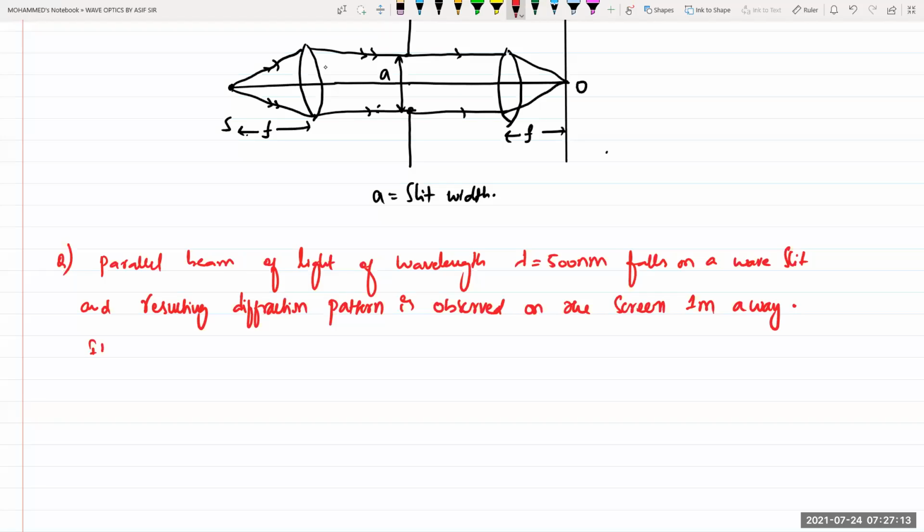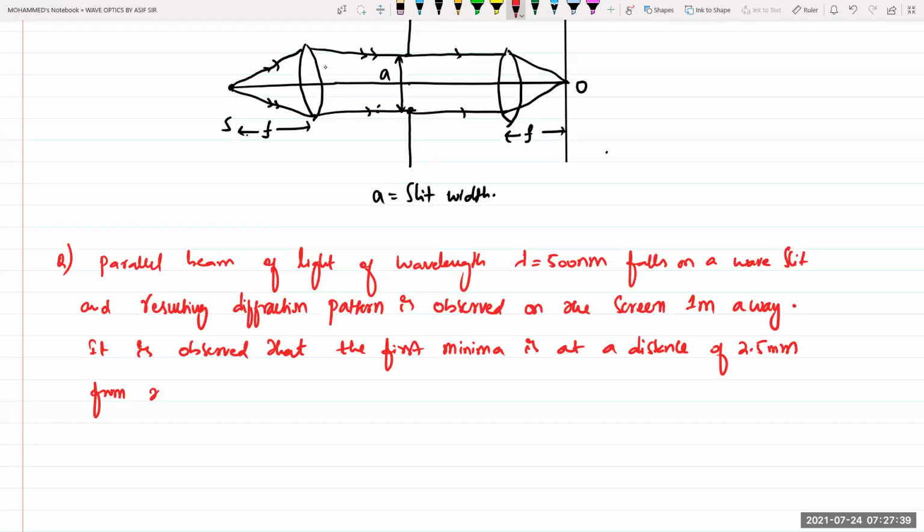It is observed that the first minima is at a distance of 2.5 mm from the center of the screen.